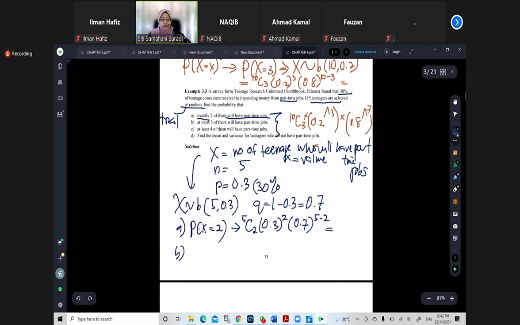Okay, number B. I just give you the meaning of this, and then you calculate in terms of binomial calculations, okay? At most 3 of them. At most meaning P, X must be at most 3. Is it minimum or maximum? Maximum. Yes, at most, that means X must be less or equal to 3.